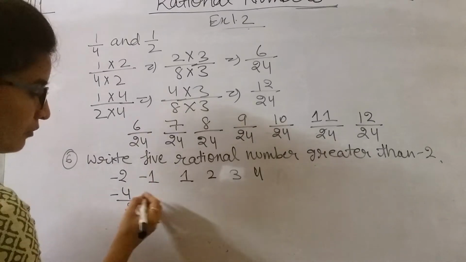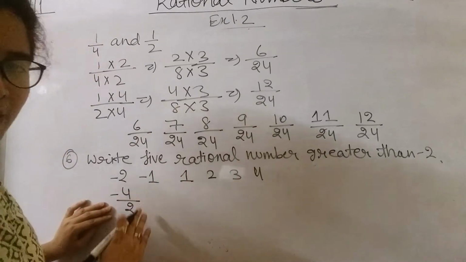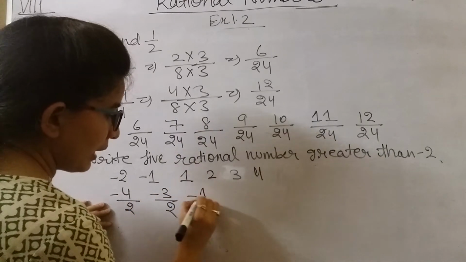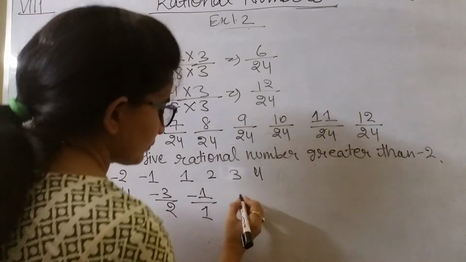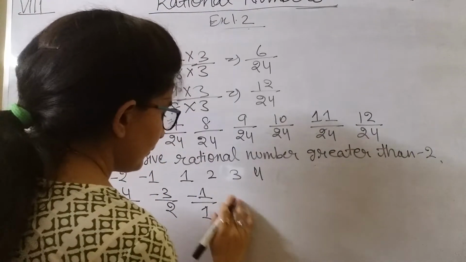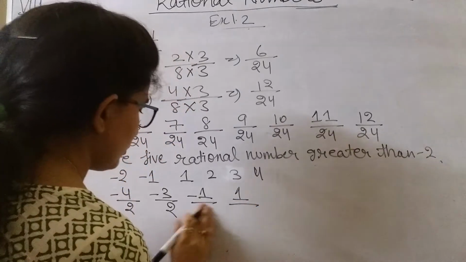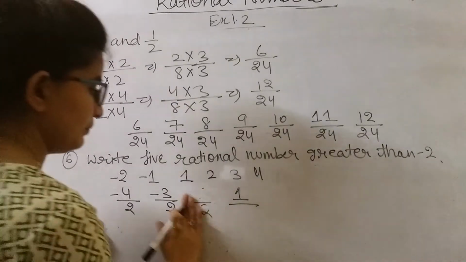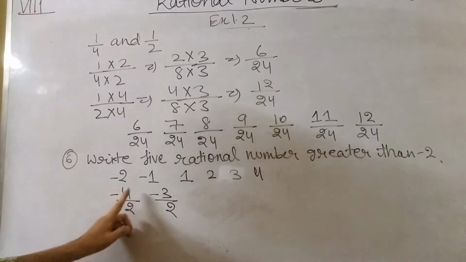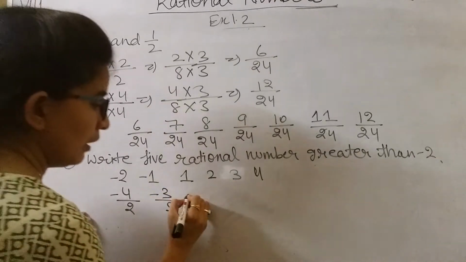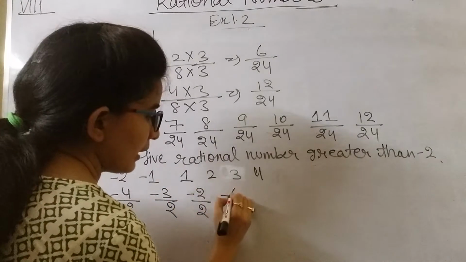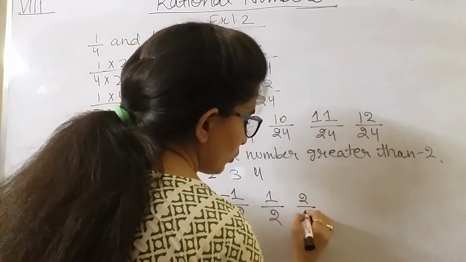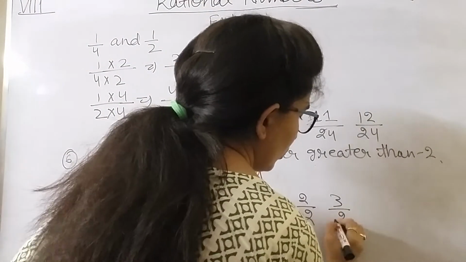So the numbers which are greater than minus 4 upon 2 will be minus 3 upon 2, minus 2 upon 2, minus 1 upon 2, plus 1 upon 2, 2 upon 2 and 3 upon 2.